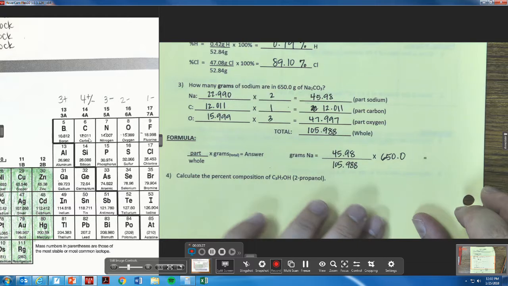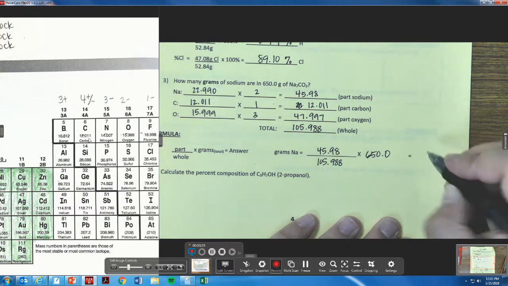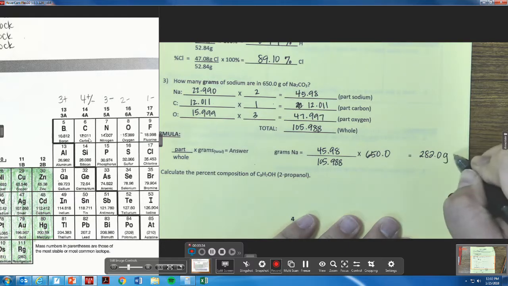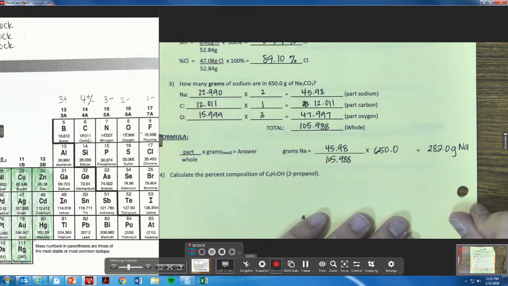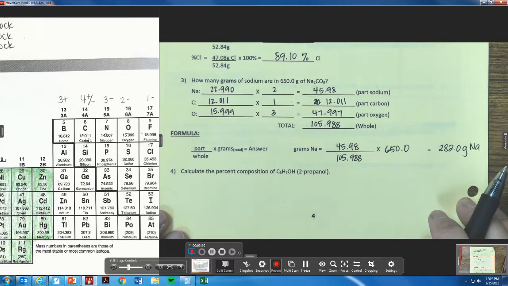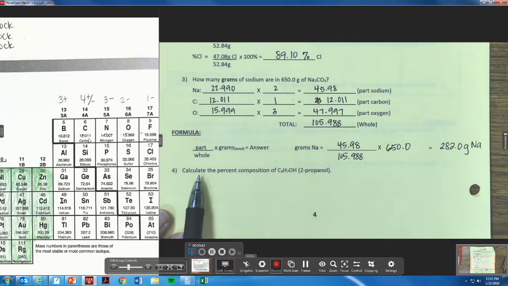When you multiply all that, you should get an answer of 282.0 grams of sodium.